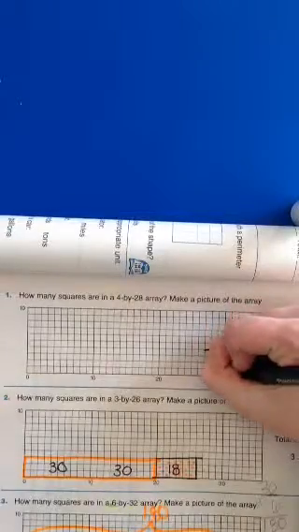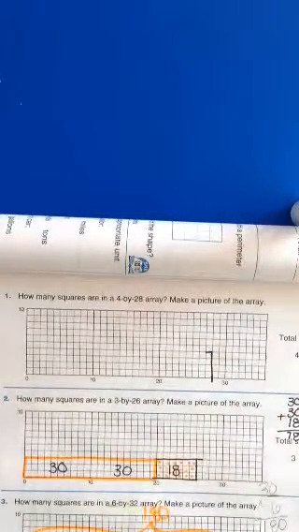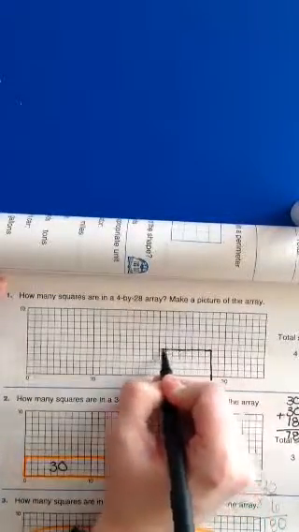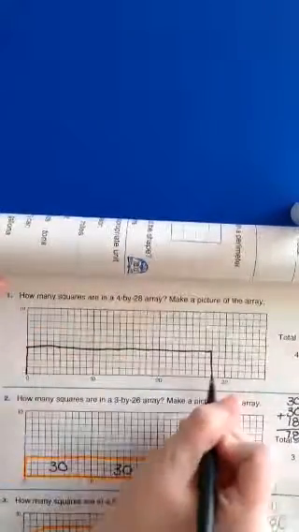That's going to be the top of my array there. And I'm going to have to draw all the way back to my 0 marker so that I show I have a 4 by 28 array.